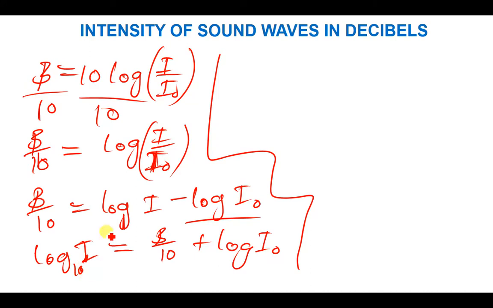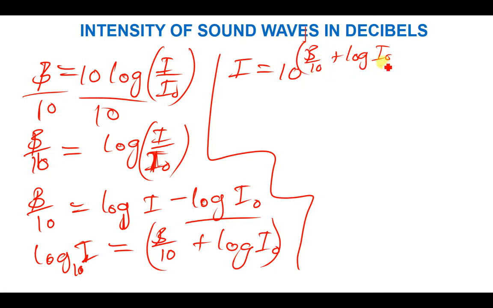So I is equal to 10 to the power of everything on this side, that is beta over 10 plus log I naught, also in base 10. I'll put these in brackets. Now we can open the brackets, and we'll have something like this.